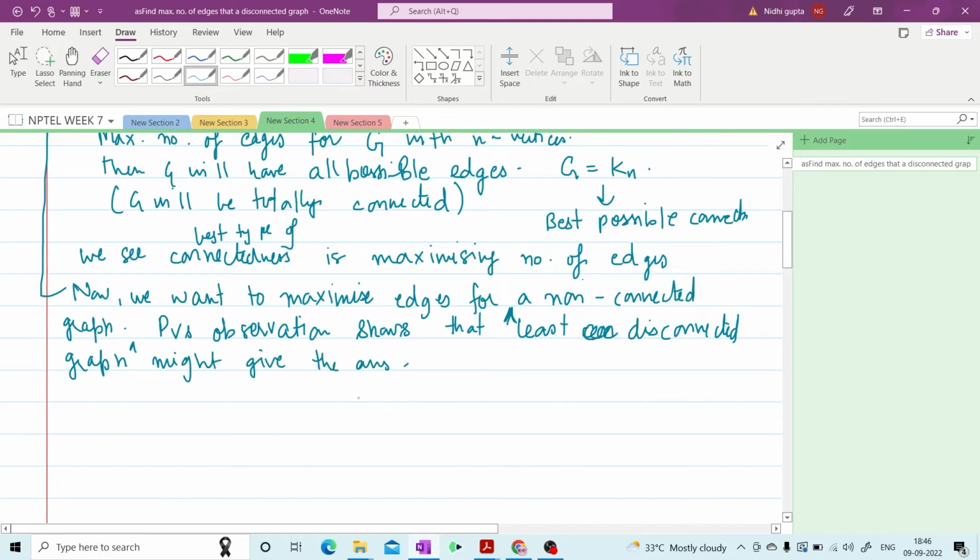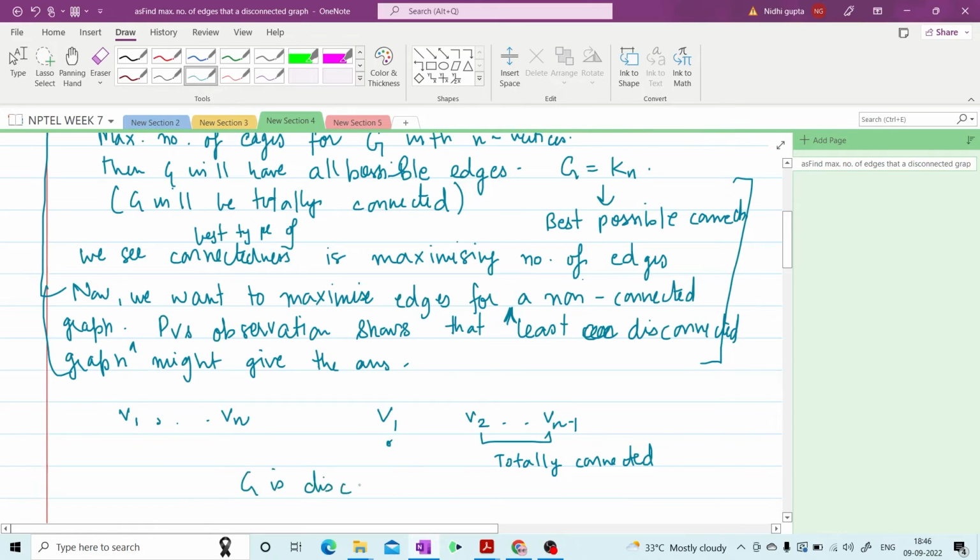So what is the least connected kind of thing? If we have v1 to vn, and we take v1 to be the one vertex which is isolated and v2 to vn are totally connected, then this graph G is disconnected.